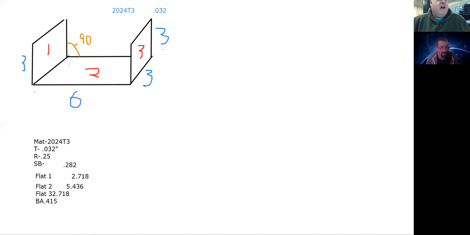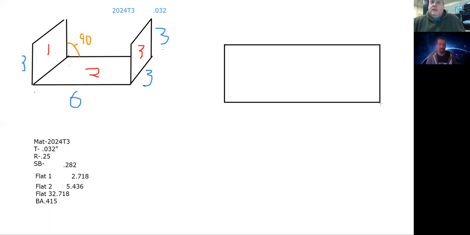So now we have all of our answers. We've basically figured out all the math. Before we can make this piece, we have to draw a blueprint of what our flat sheet is going to look like. Our flat sheet will be a rectangle, correct?